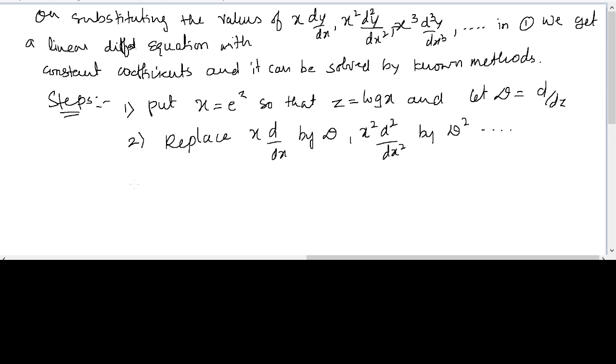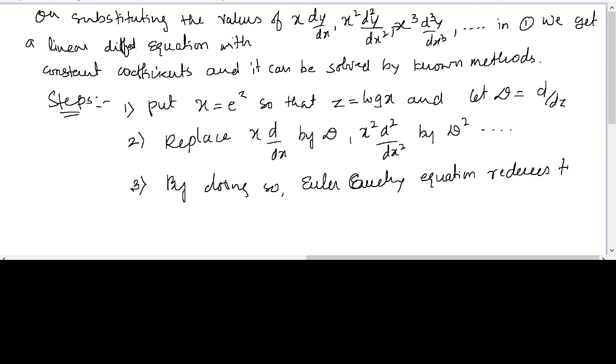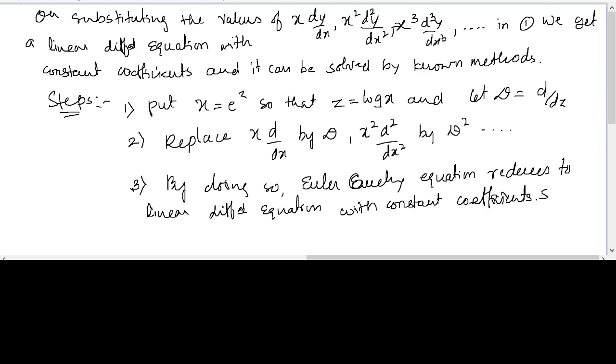Third step: by doing so, the Euler-Cauchy equation reduces to a linear differential equation with constant coefficients, solved by known methods.